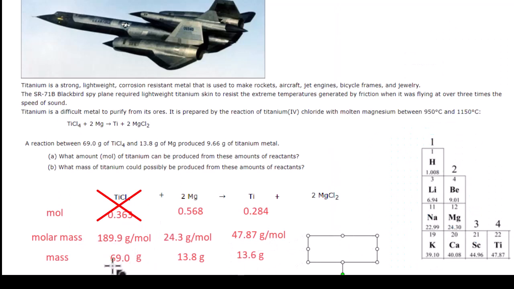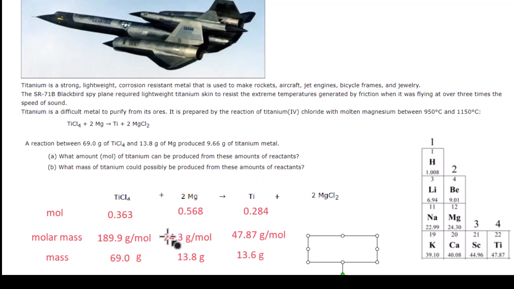So you could have 69 grams of titanium tetrachloride, you could have 13 grams of magnesium, but you're only going to make 13.6 grams of titanium. You're sort of wasting your titanium tetrachloride liquid that you made here. It'll evaporate away. But you don't want to have extra magnesium left in your container. That's a contaminant. It's a metal, and you don't want it to mix with the titanium.